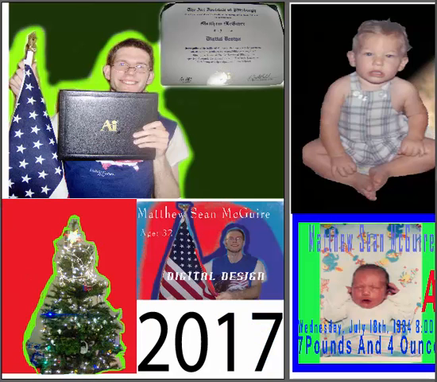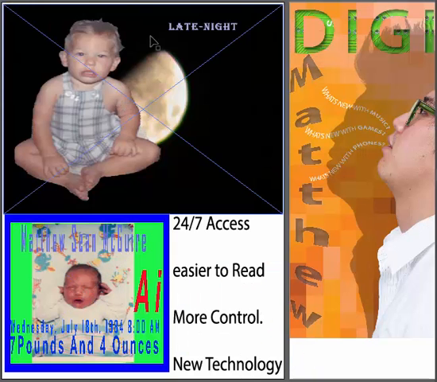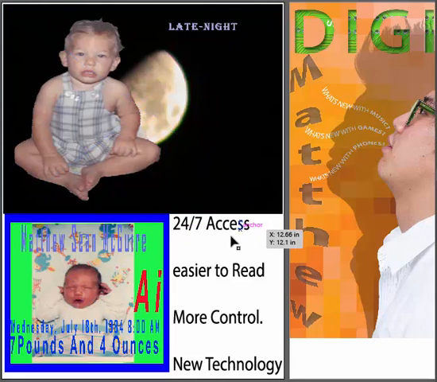And then you also have here the piece for late night, for 24 access, easier to read, with more control and new technology. This will be my baby picture, as I explained before, which carries the information about my date of birth, the day I was born, which would be nearly 33 years ago, beginning next year.